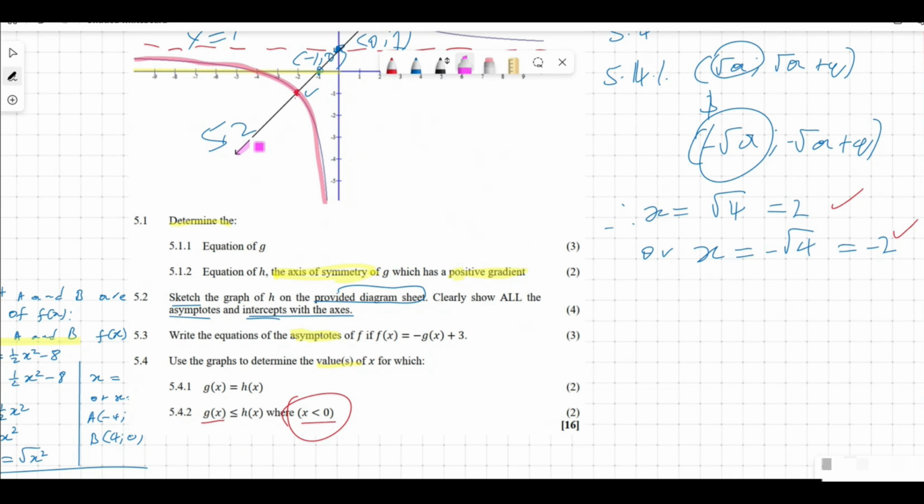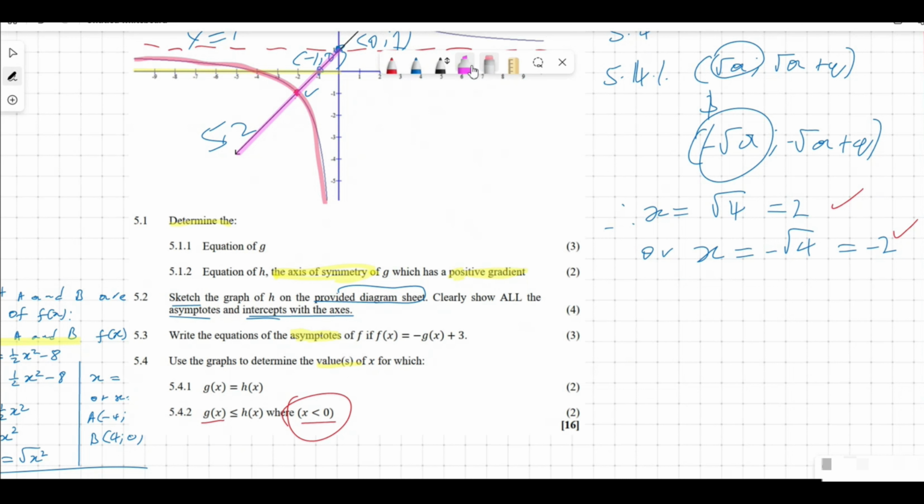Here is your h. You see that? Yes. So now let's check what they are saying, where they are looking for the values of x for which g is below h of x. So let's look at g. g must be below h of x.